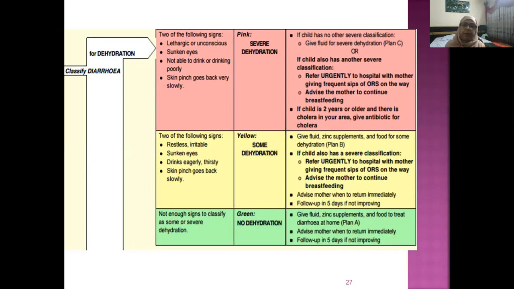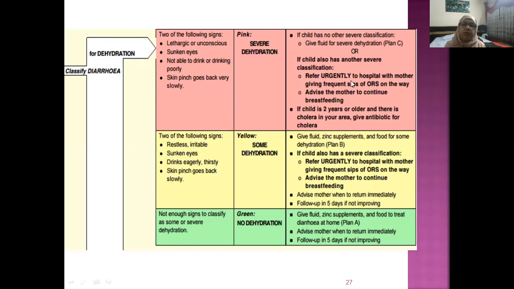And how will you manage the child? You have to treat the child as per plan C that I'm going to discuss in my next slides, and also assess the child for any other severe classification.